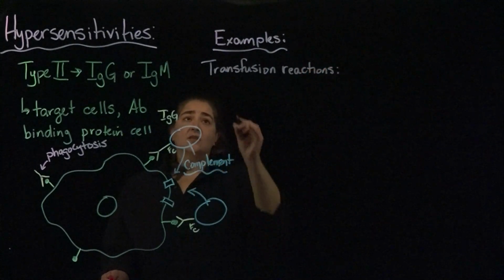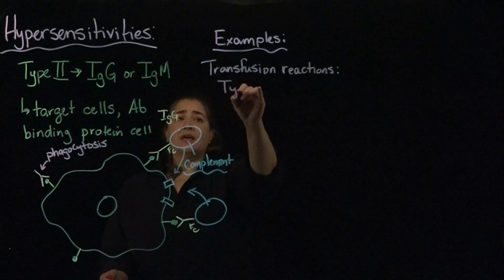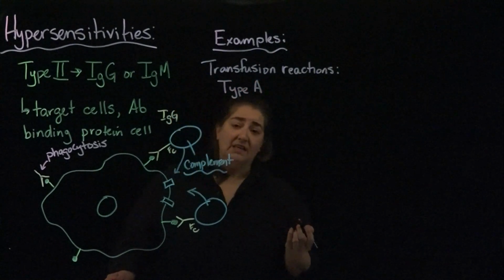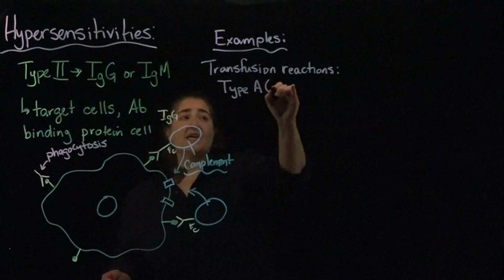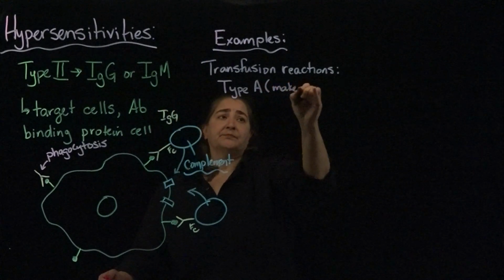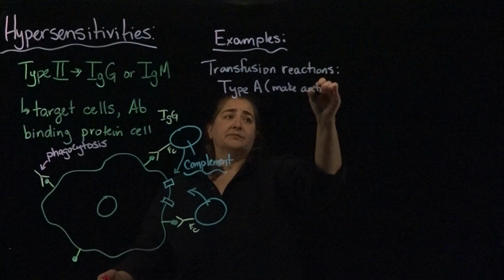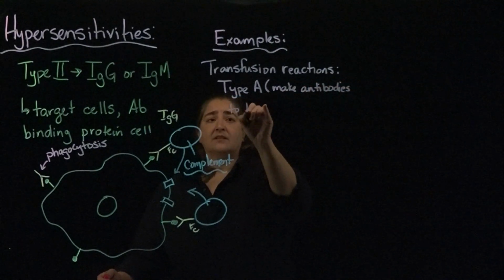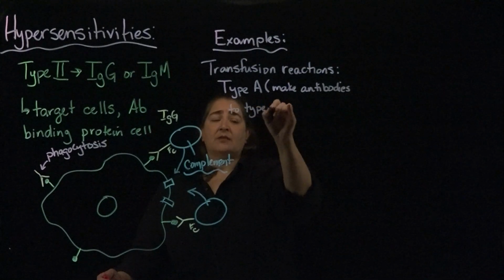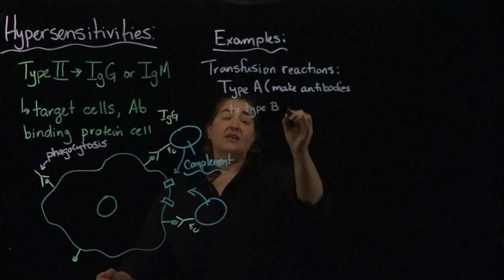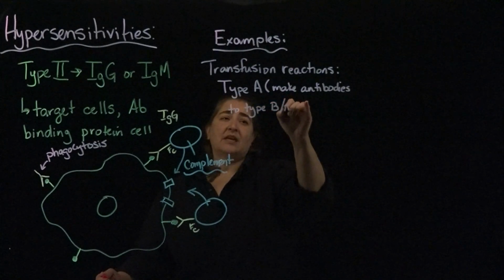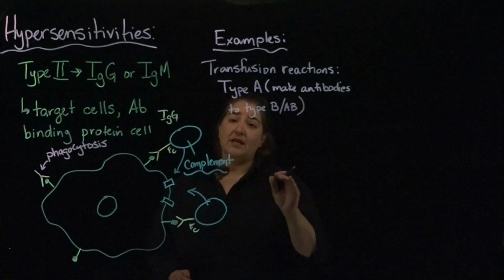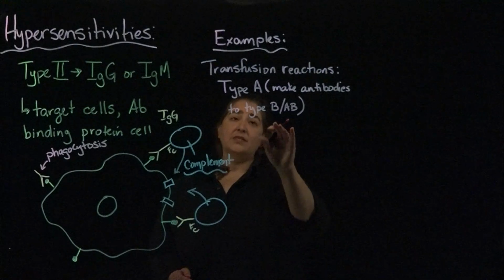If somebody has type A blood, what that means is they make antibodies to type B, and also to type AB. So you have that antibody present.